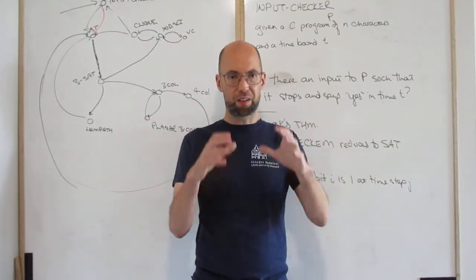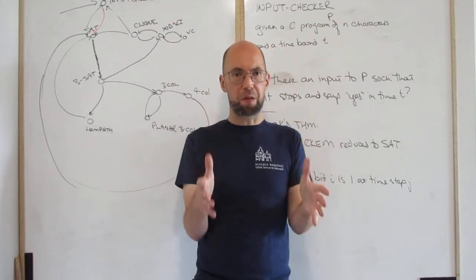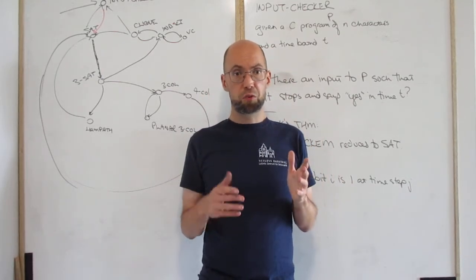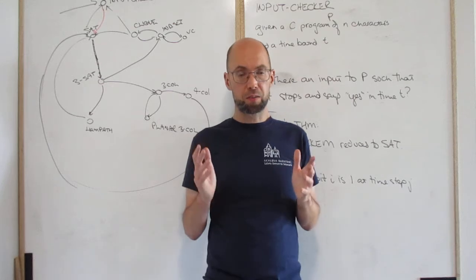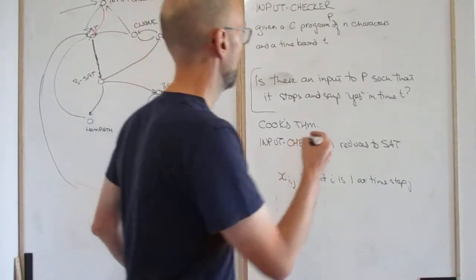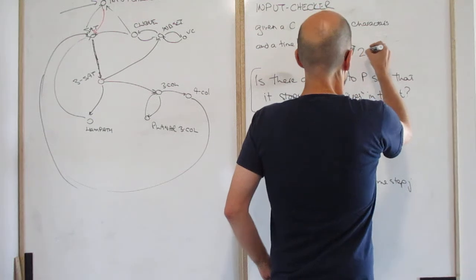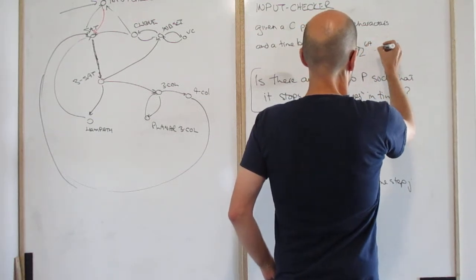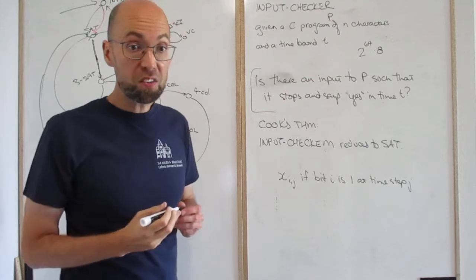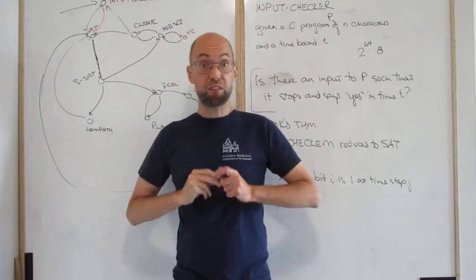Imagine that you had a computer with some fixed amount of memory, possibly large. I mean, 2 to the 64 bytes, right? So how much is that? 2 to the 64 times 8 is very big. So it's 2 to the 67 bits, but it's finite.